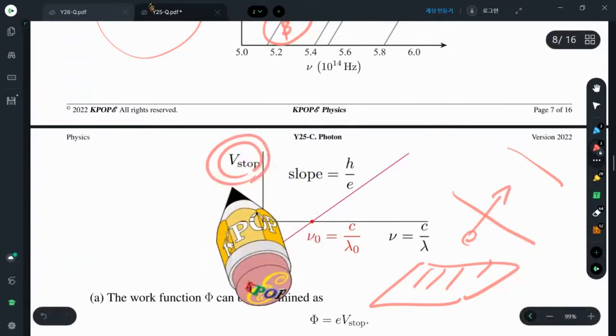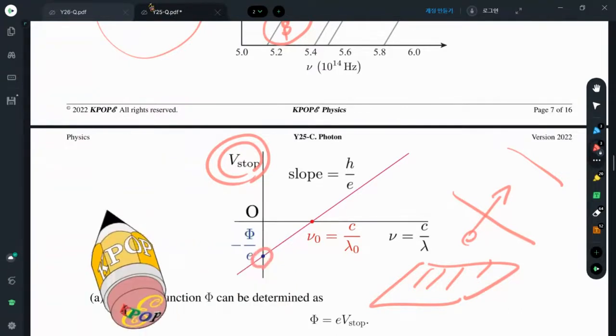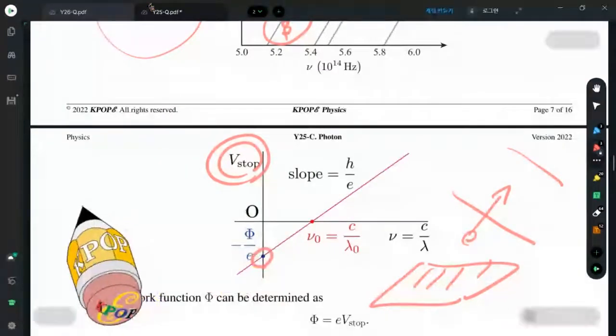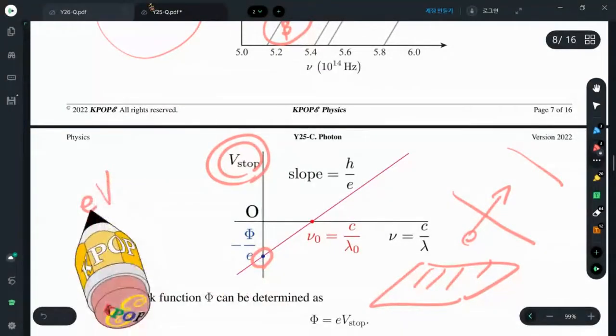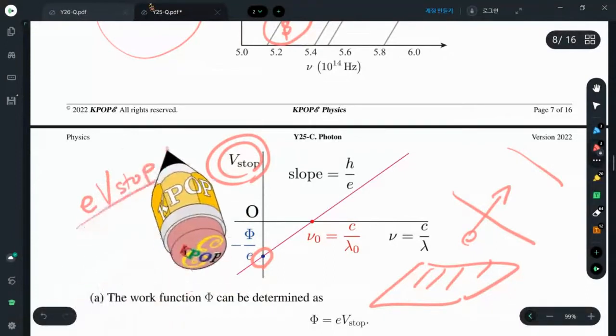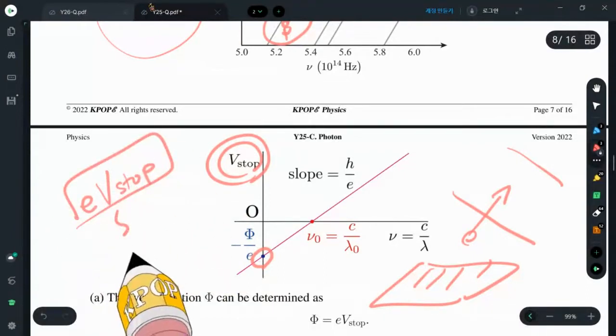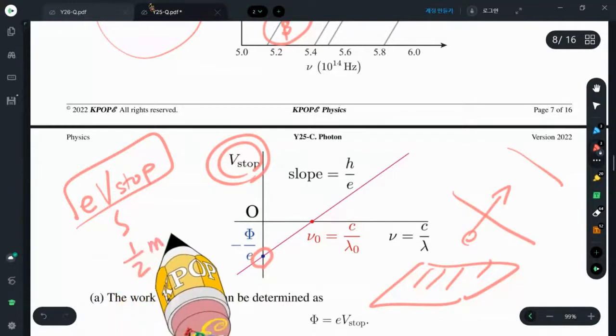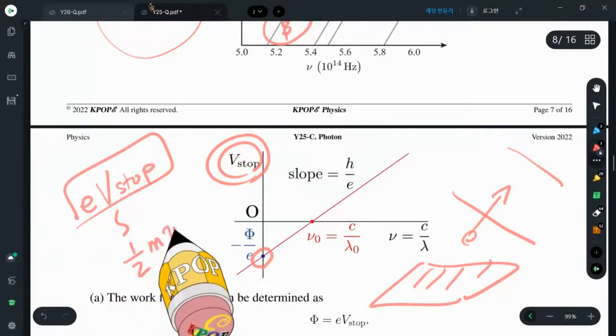So that is called the V stop. The energy of an electron can be computed by multiplying the electric charge of an electron by V stop. So that is similar to the kinetic energy of an electron.